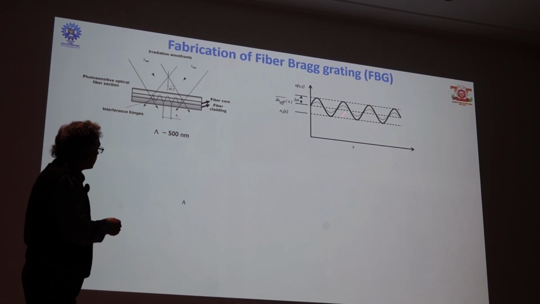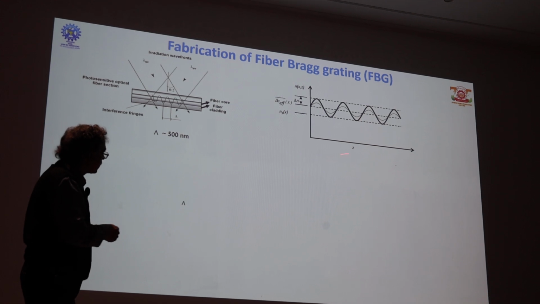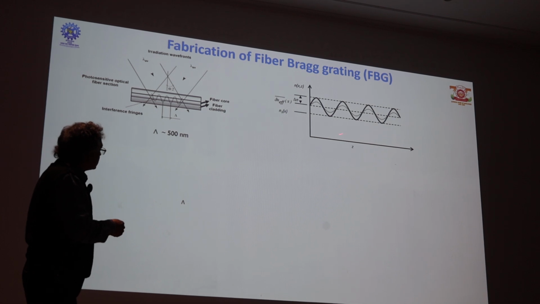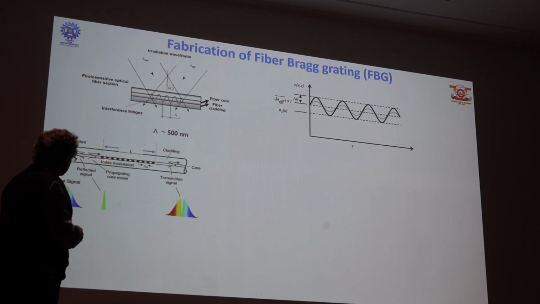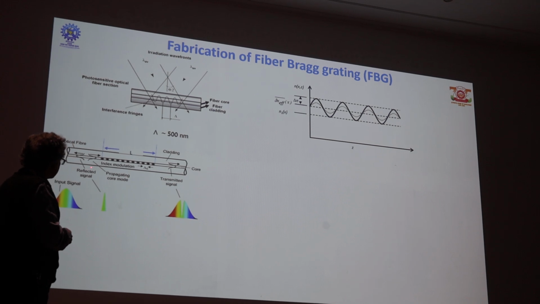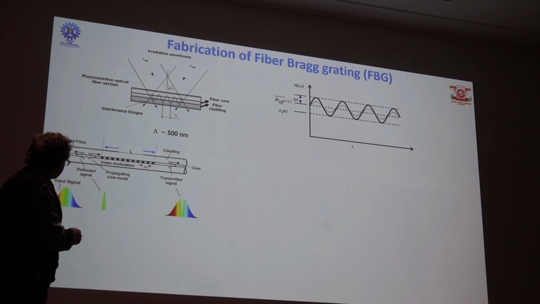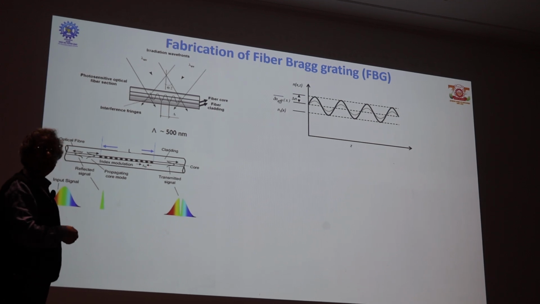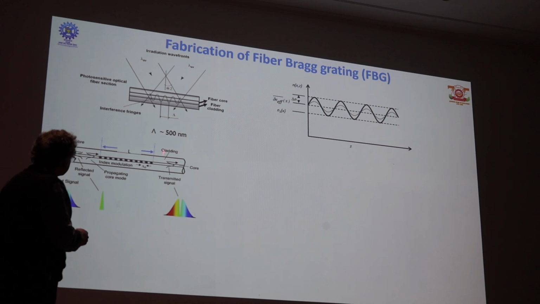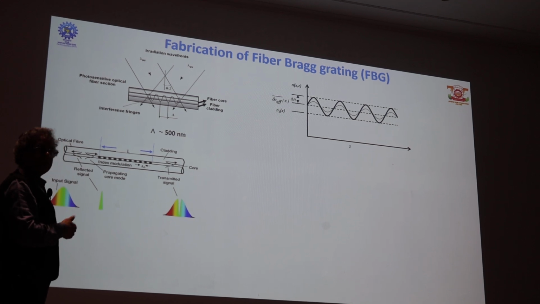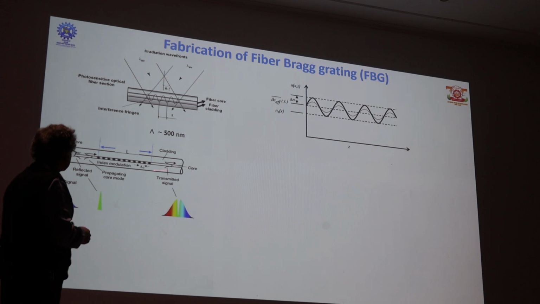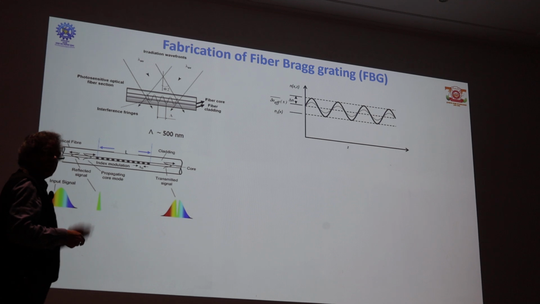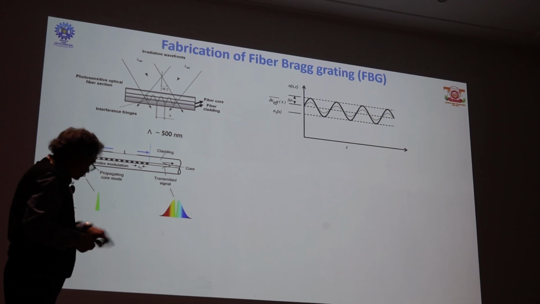So we are now modulating the refractive index along the z direction, which is the propagation direction of this optical fiber, and this modulation will cast an interference pattern, that is a periodic pattern, where the length of this grating as well as the period of the grating gives us the selectivity, and this is nothing but the bandpass filter that we have created in optical glass. Now it is inscribed within an optical fiber, within the core of 9 micron diameter.